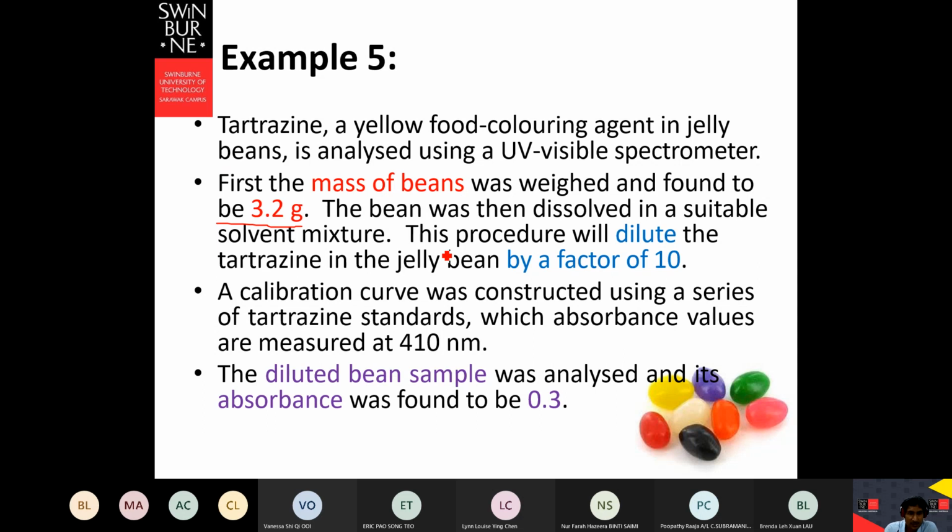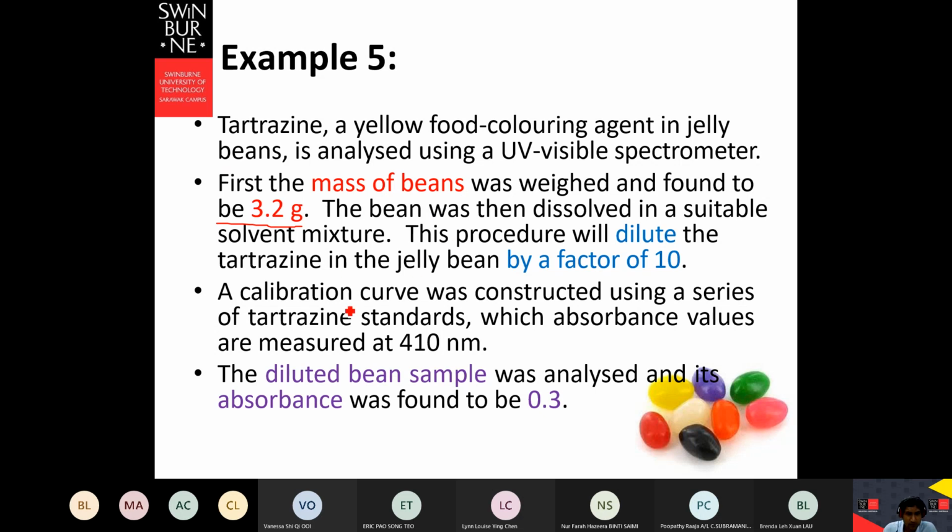Okay, and this procedure will dilute. It was dissolved in the solvent mixture, and that procedure actually dilutes the tartrazine in the jelly by a factor of 10. So when we dissolve it in the solvent, we make it from solid to liquid, but also we dilute by a factor of 10, like 10 milliliter, we produce 100 milliliter.